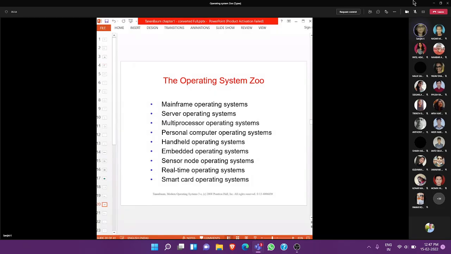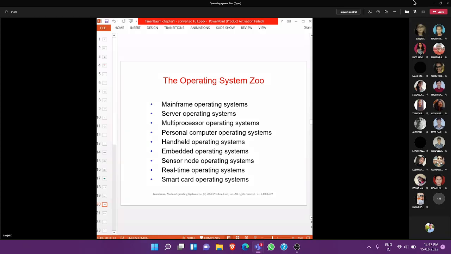The main reason is storage. Very, very big storage is needed in the corporate database, and it needs more big memory. So to access the big memory, we have the mainframe operating system.